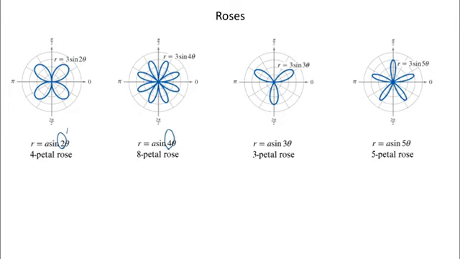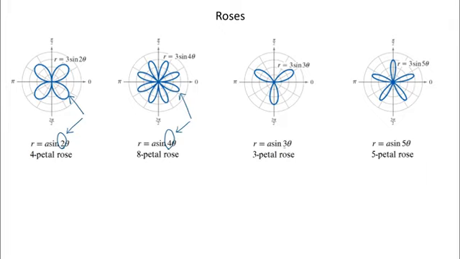So here the coefficient was 2. That's an even number, so we should expect to see twice as many petals. And we do. There's 4. Here the coefficient is 4. 4 is an even number, so we should expect to see 8 petals on our graph, and we do. We have 4 above the x-axis and 4 below the x-axis.